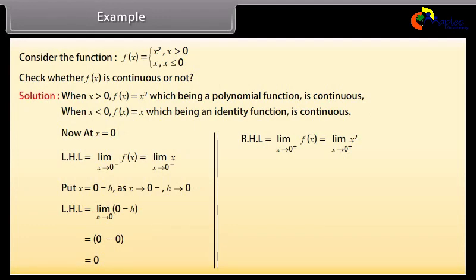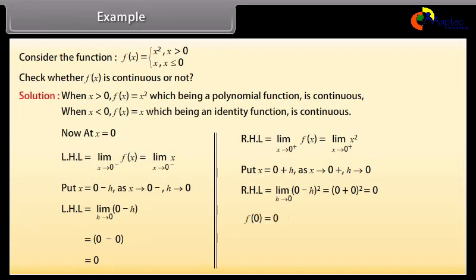limit as x approaches 0⁺ of x². Put x = 0 + h; as x approaches 0⁺, h approaches 0. Right-hand limit = limit as h approaches 0 of (0 + h)² = 0 + 0² = 0.